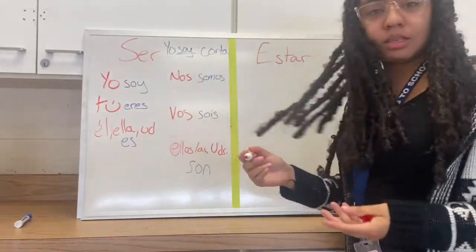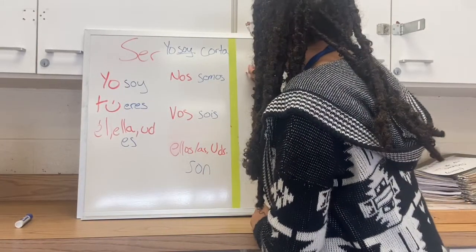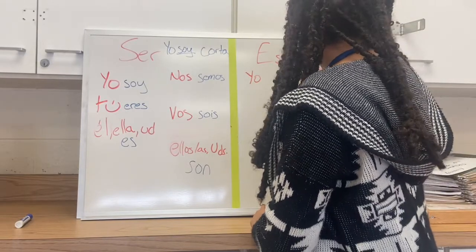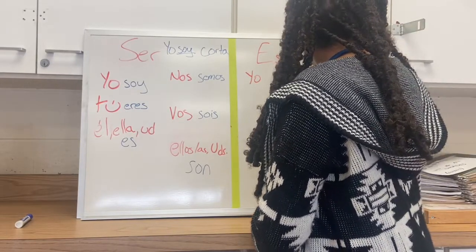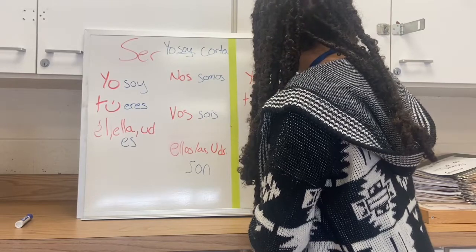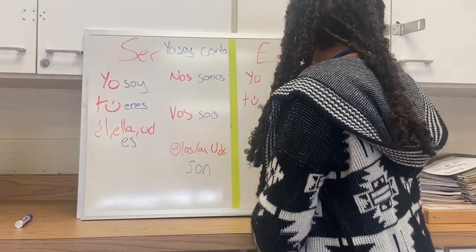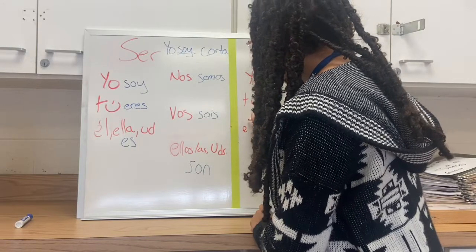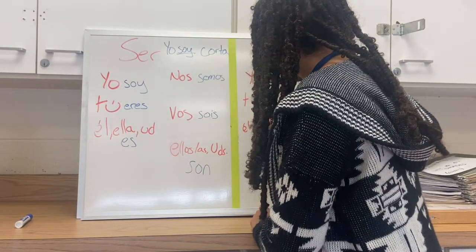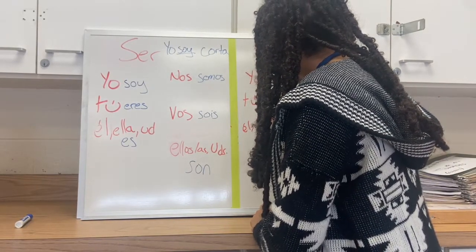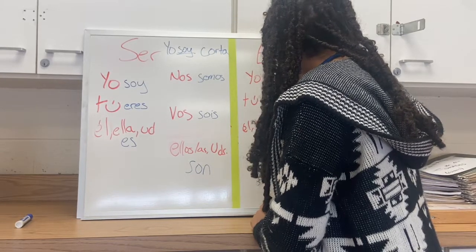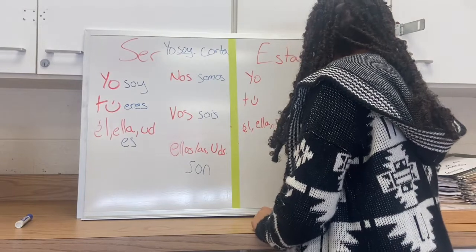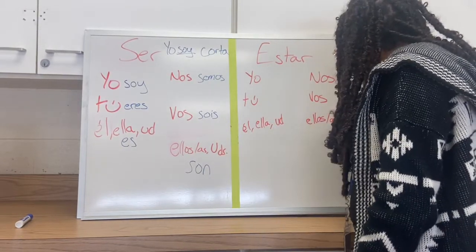Switch sides. We have, again, the same 6 subjects. Yo, nosotros, tú, vosotros, and then él, ella, usted, and then ellos, ellas, ustedes.